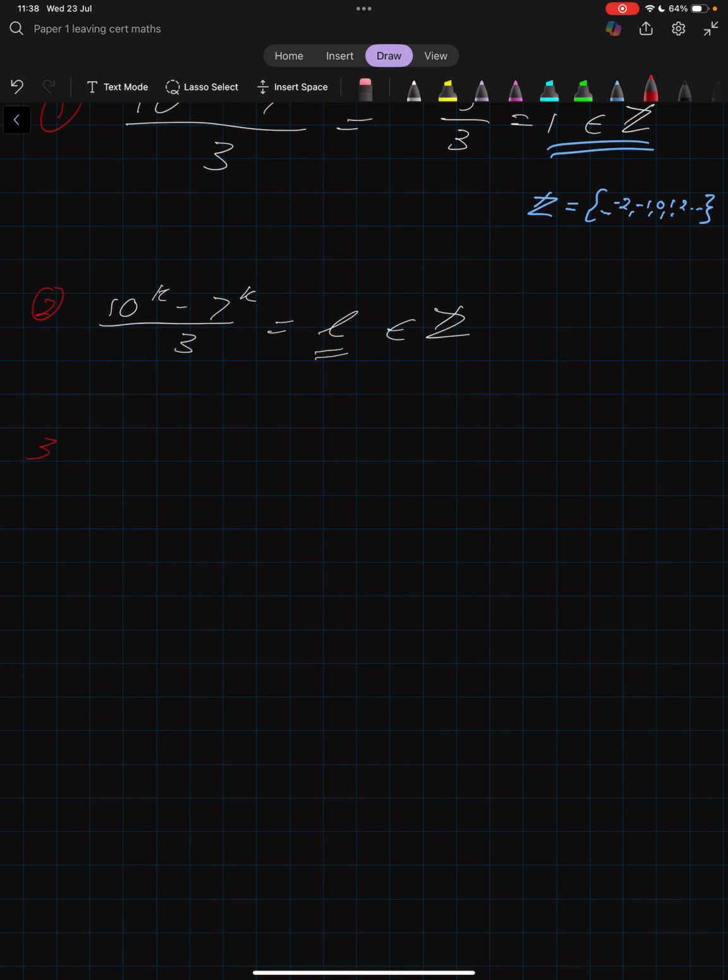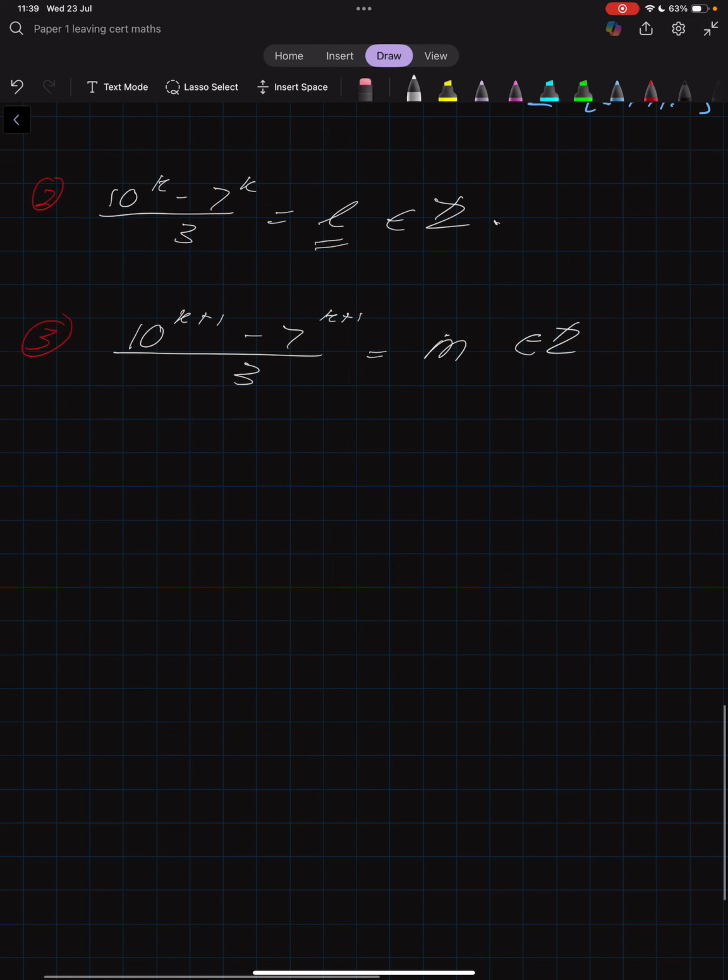Third step, using this fact, I need to show that 10 to the power of k plus 1 minus 7 to the power of k plus 1, divided by 3, is equal to some, maybe M, where M is an element of Z. So I need to show that M is whole. Okay? So, very first thing, I need this to look a bit more like this.